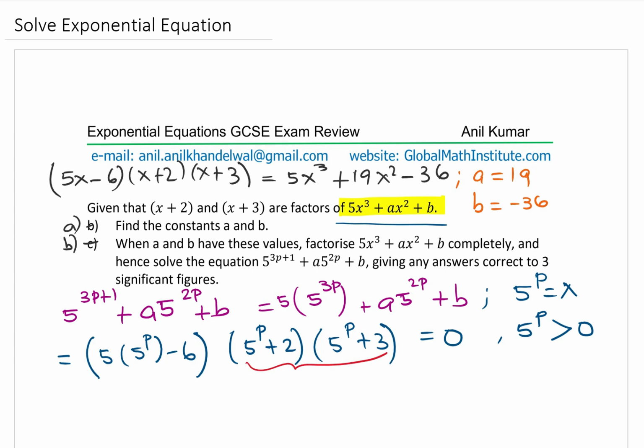These two are giving you negative answers, so that is not valid, right? So the only valid solution is here, which says 5 to the power of p is equal to 6 over 5. Correct? So this is the only valid answer which we have for now, because that gives you a positive value.